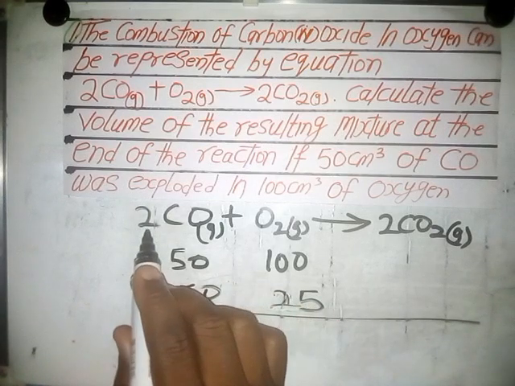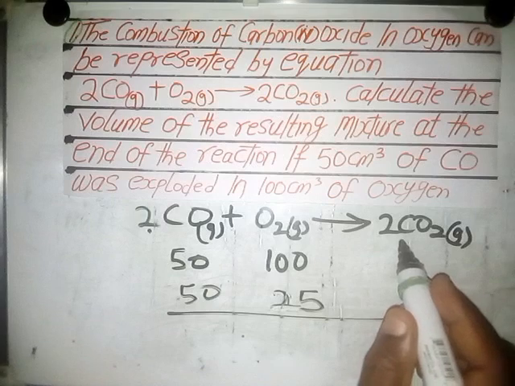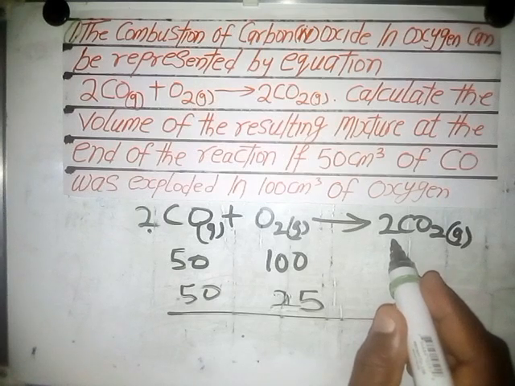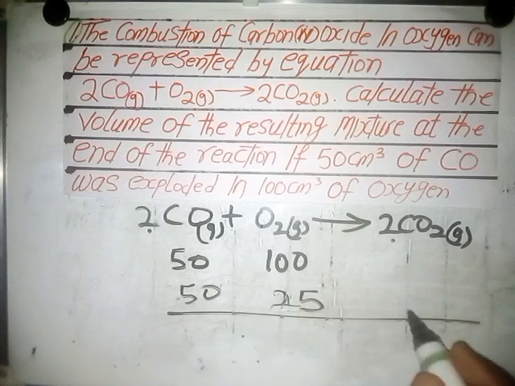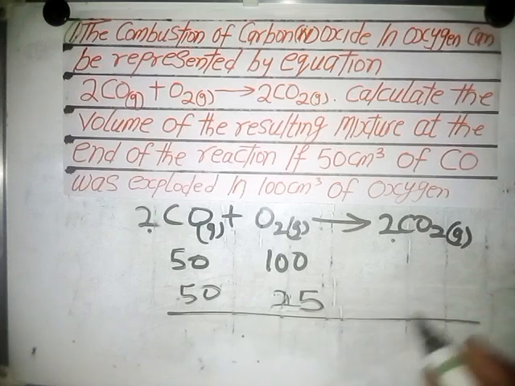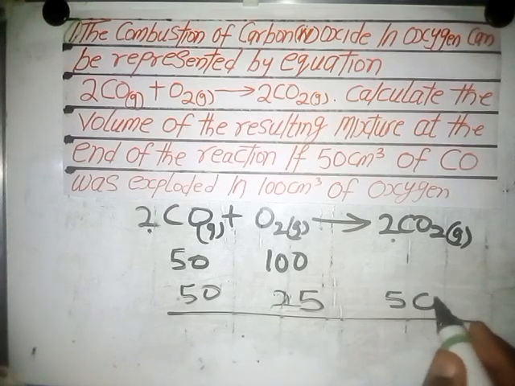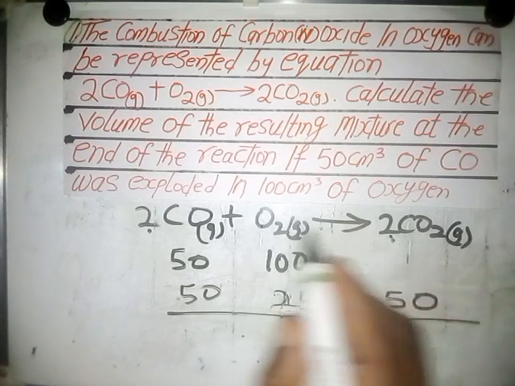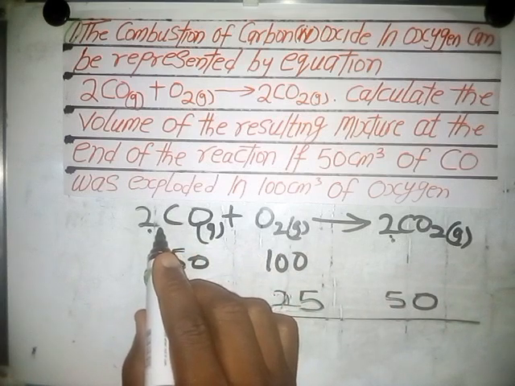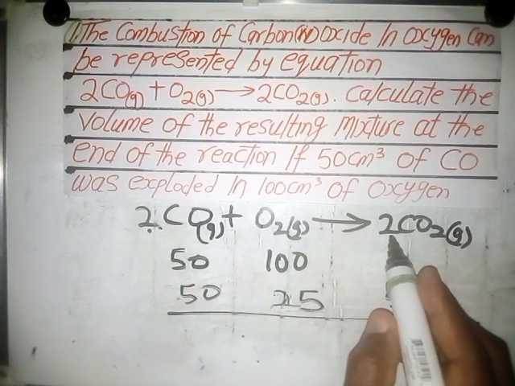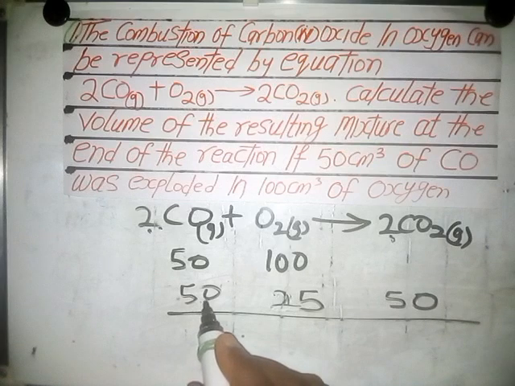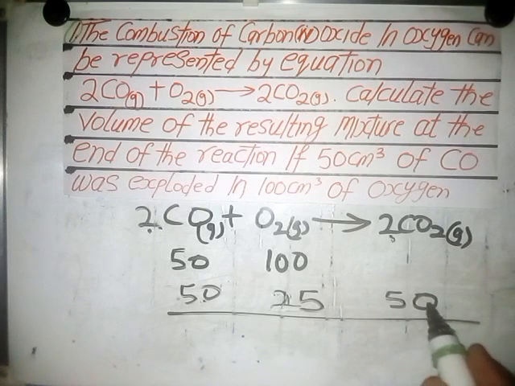Since the ratio between the carbon monoxide and this product is the same, the volume of the product will automatically be 50, because the molar ratio between this reactant and this product are the same.